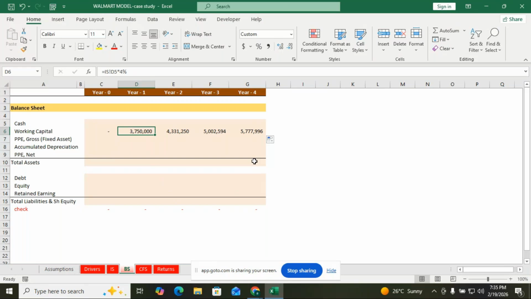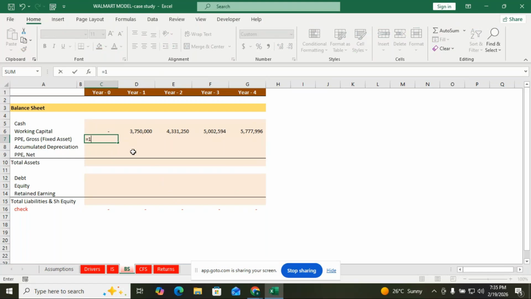I hope all of you have got the working capital. Then PP gross, property, plant and equipment, the gross value of your fixed asset. So what is the total value of your asset? It equals 100 lakhs.